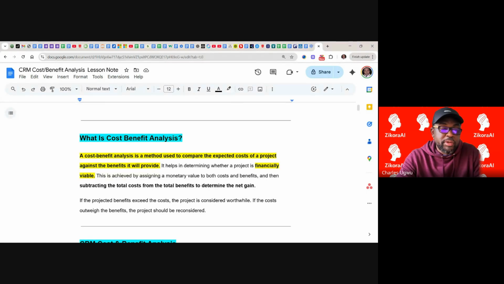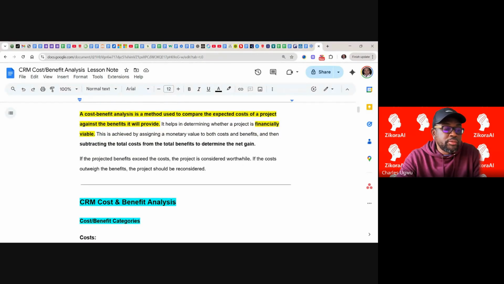But if it's positive, it means it's viable. So, if the projected benefit exceeds the cost, the project is considered worthwhile. If the cost outweighs the benefit, then the project should be reconsidered.